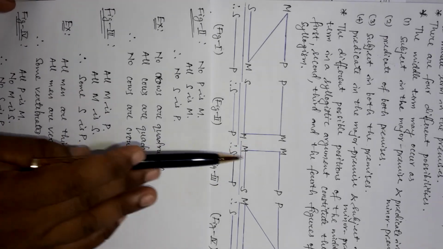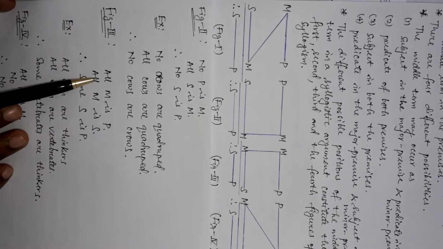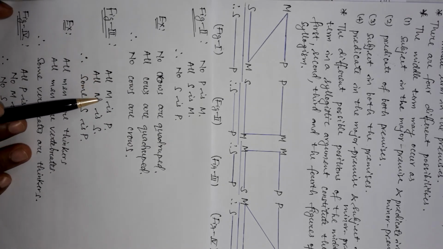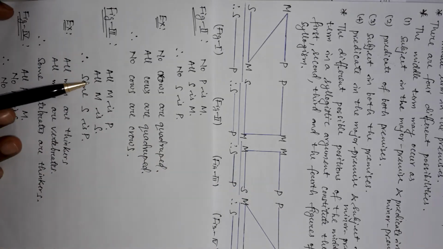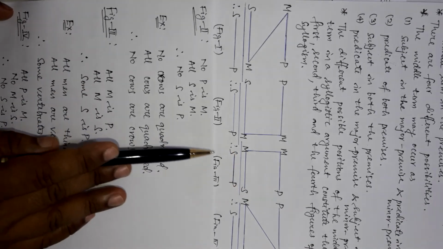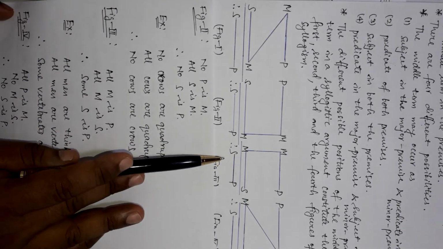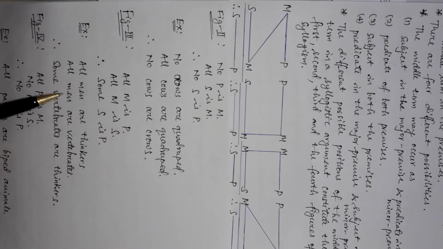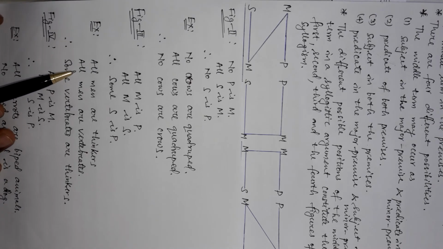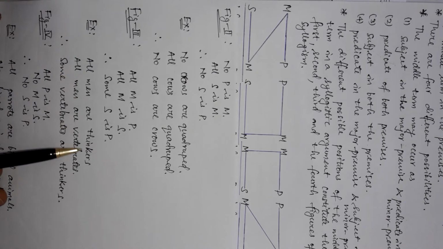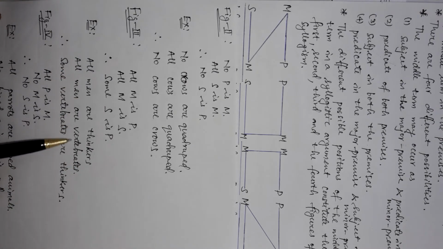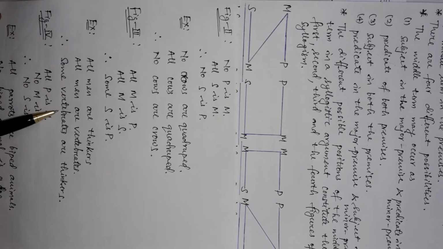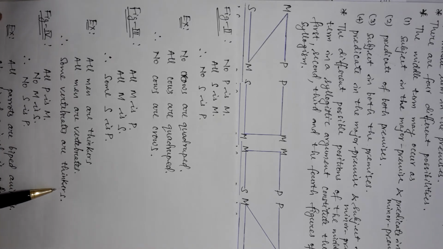The structure of figure 3 says that all M is P, all M is S, therefore, sorry, some S is P. One example of this type: all men are thinkers, all men are vertebrates, therefore some vertebrates are thinkers.